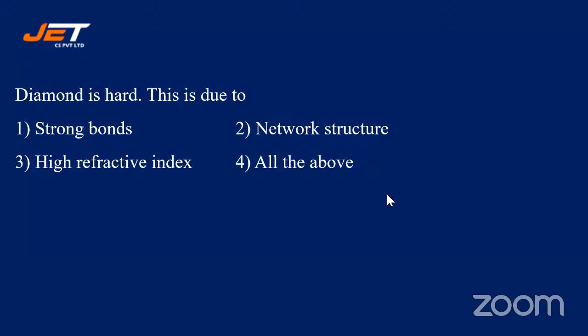I'm going to reveal the answer. Yes, it is option 1, strong bonds. Very good. Yogita, Preetika. Only few students have given me the right option. Geeta Devi. Very good. Yes, R. Kumari. Yes, it is option 1. Let us move to the next question.